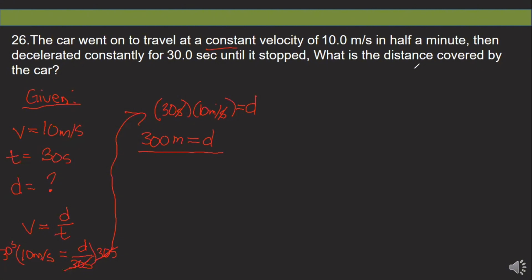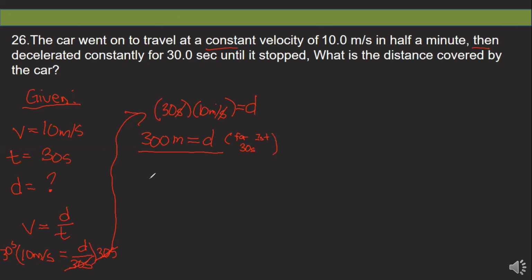We are not done yet, because the car then decelerated constantly for 30 seconds. So we need to find the distance traveled by the car in the next 30 seconds. We have the distance for the first 30 seconds, so we need to find it for the next 30 seconds.